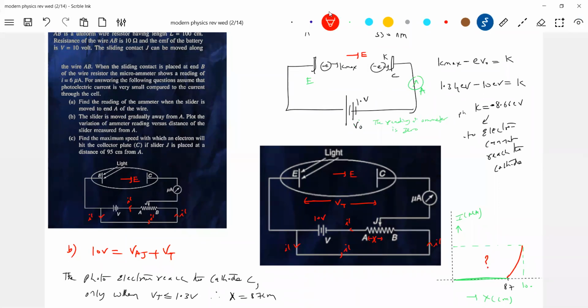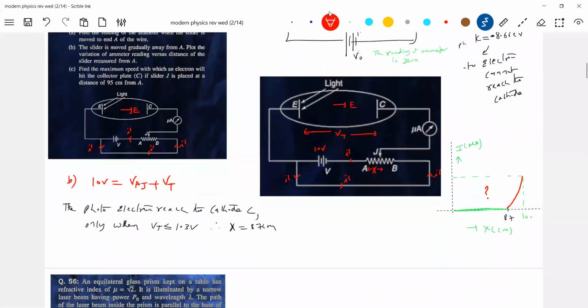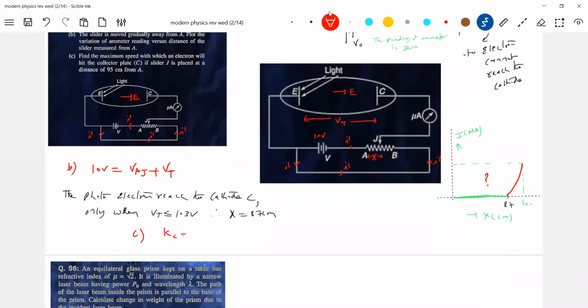Anybody who wants to, you can go further. Find the maximum speed with which an electron will hit the collector plate if the slider J is placed at a distance of 95 centimeter from A. Okay, 95 centimeter means 0.5 volt will be there. So K max minus 0.5 electron volt, I'll subtract, option C. 1.3 electron volt minus 0.5 electron volt.